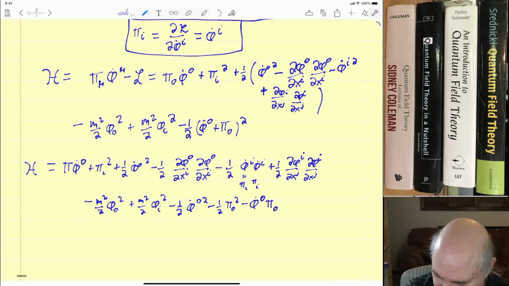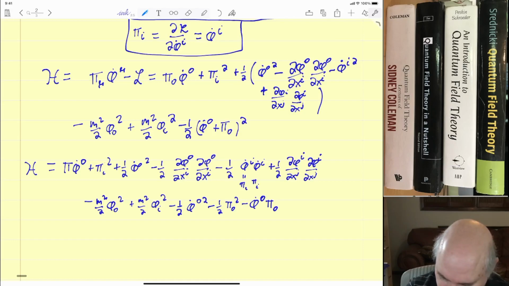Now you may be worrying about a little bit of ordering ambiguity here or anything else like that. It doesn't matter. We're doing the classical thing right now, and you could see that we're okay anyway, because phi dot 0 is pi 0.